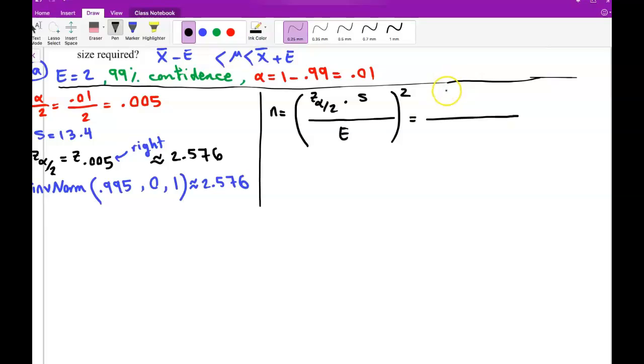So we have 2.576 times the standard deviation for the sample, 13.4, divided by e, which is 2.